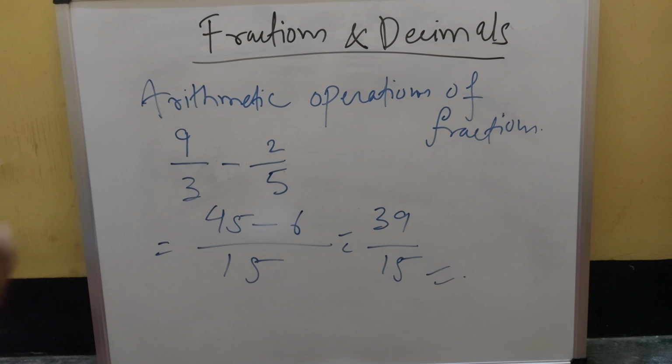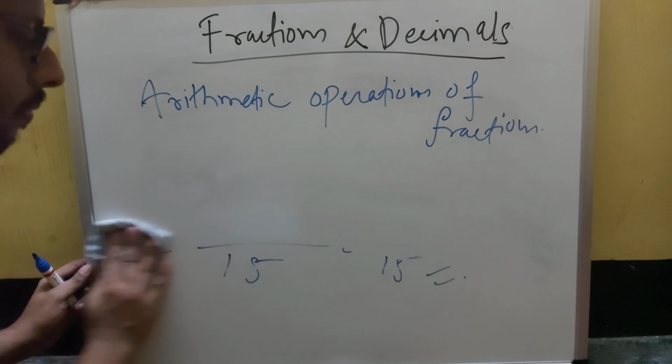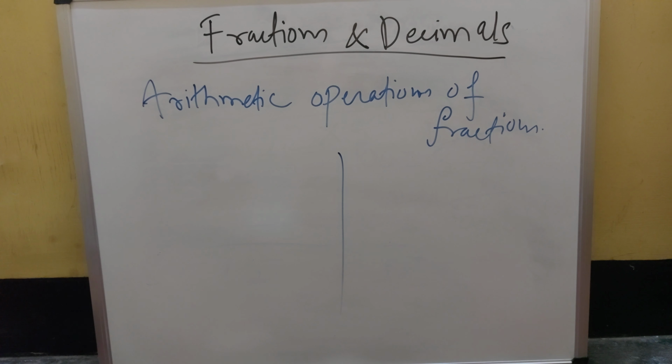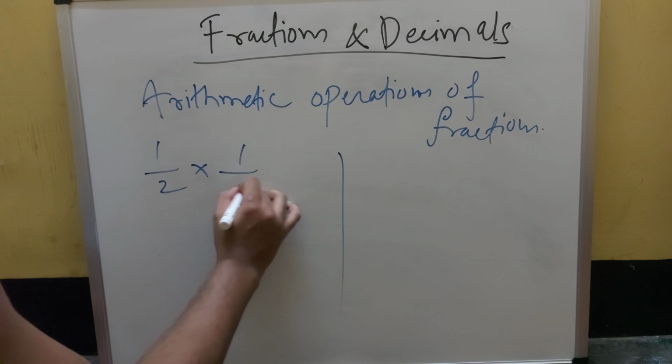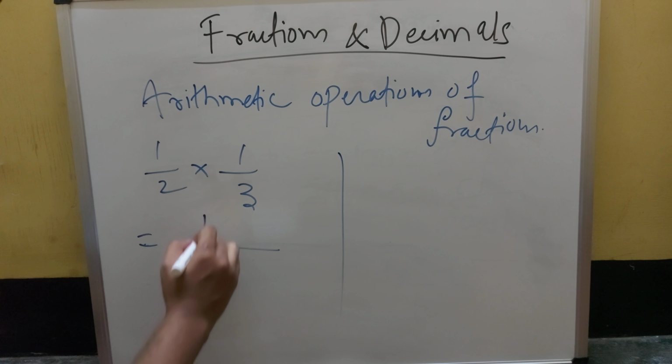Now if you want to multiply, let's take an easy example. We'll consider two cases. Let's take 1 by 2 into 1 by 3. Simple. It will be 1 by 6.